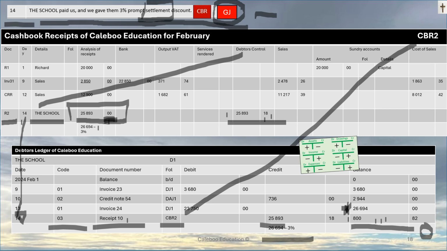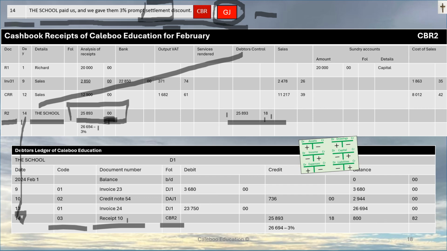All we've accounted for in this transaction that I'm just doing right now is the amount of money that was received from the school. But the transaction says the school settled the account with Caleboo Education, so the balance should be 0. So what we still need to do in the general journal is account for the discount, because the balance needs to be 0.